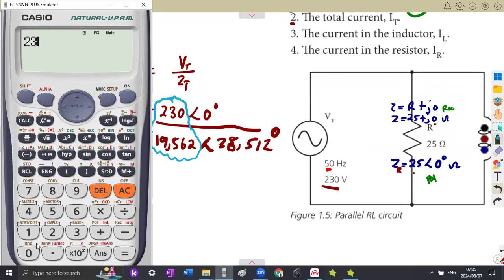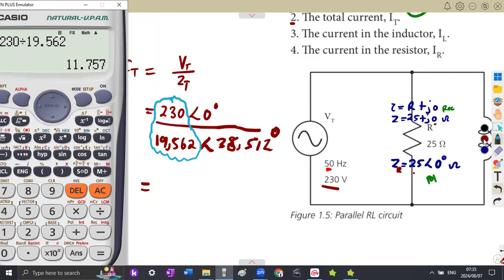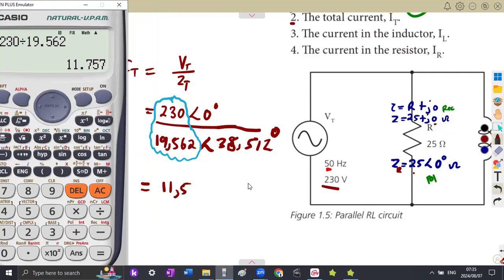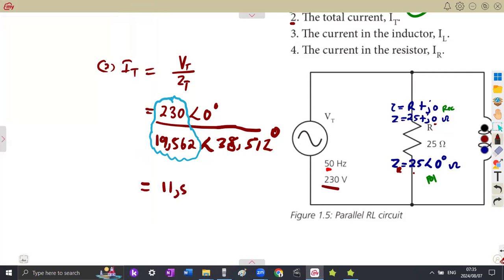So 230 divided by 19,562. So that's 11, so there we're going to have 11,757. No, sorry, that's 757.